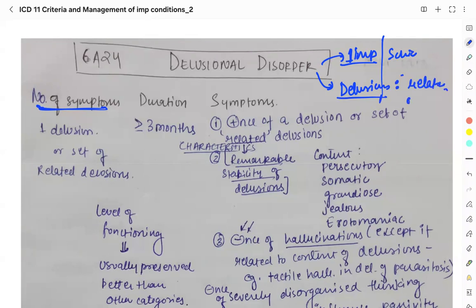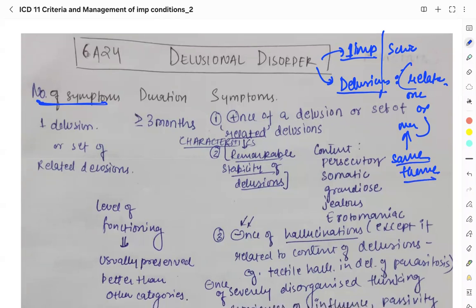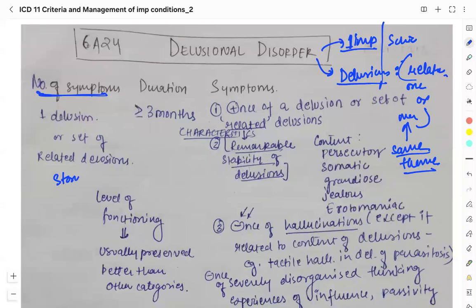There may be one delusion or more, but all of them will have the same theme. The theme does not change. This is very important. They have a story going on which is around the same theme. So, for example, one theme is infidelity.